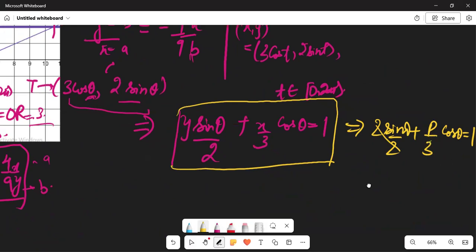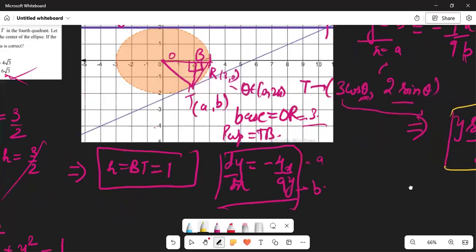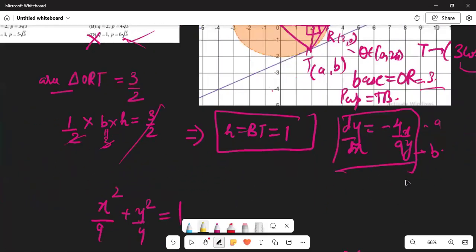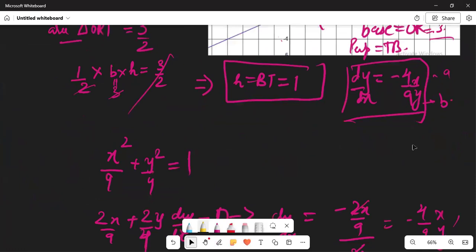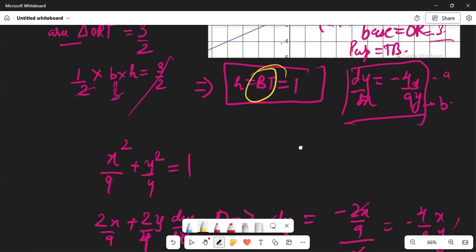How to find theta? One part of the hypothesis is unused right now, which is the area of the triangle. We found that the height BT equals 1.